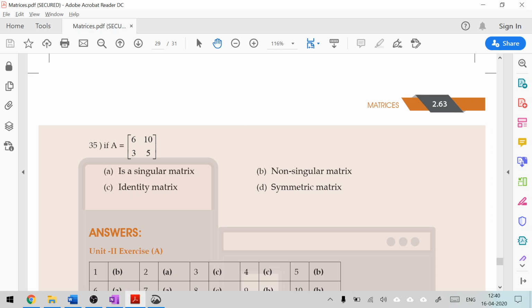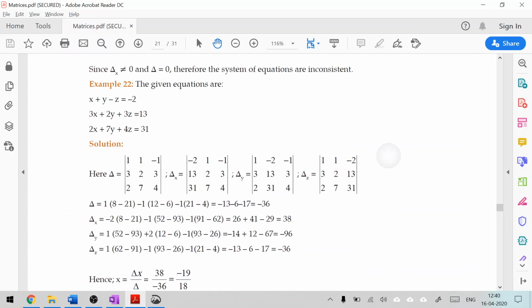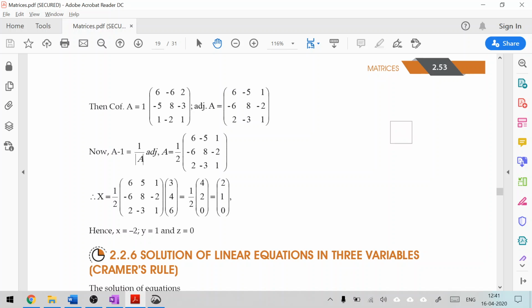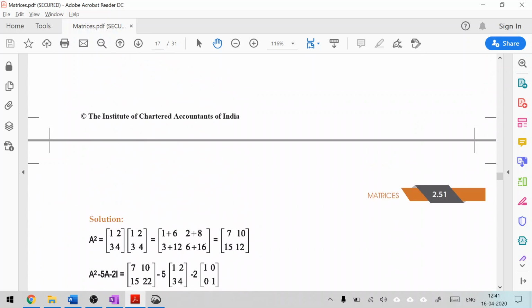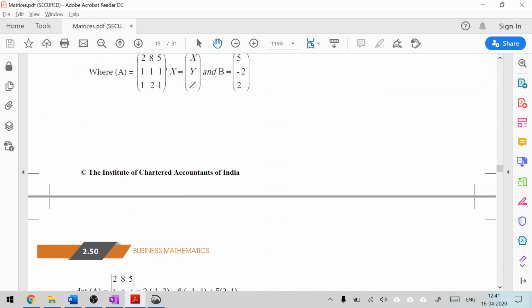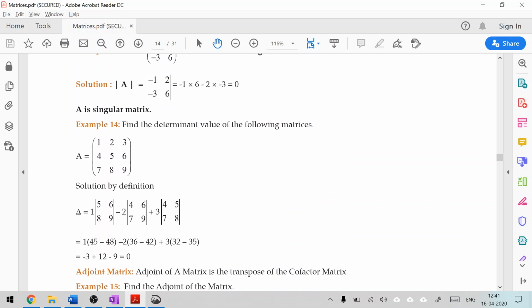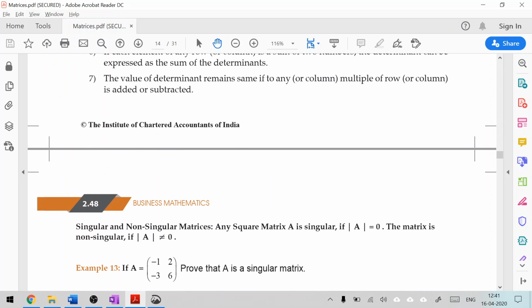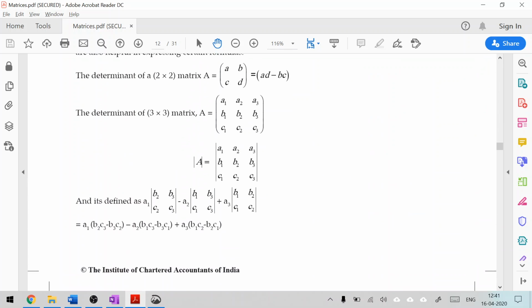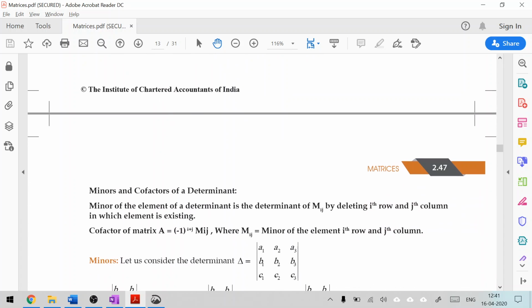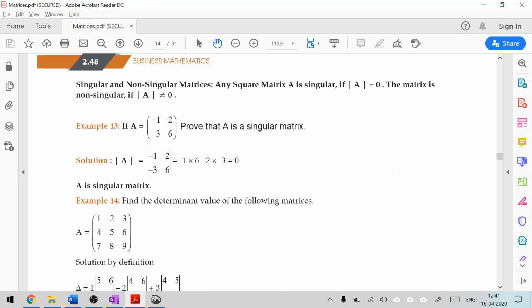In the meanwhile, what you can also do is, in your textbook, in the solved examples, we don't have any question on solved example.